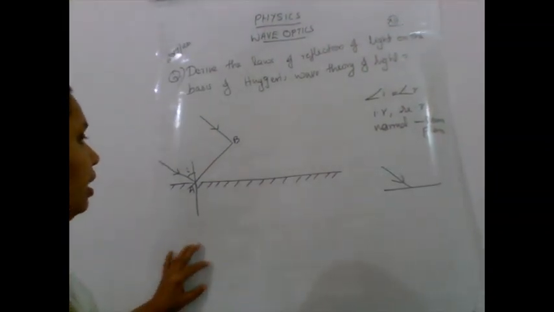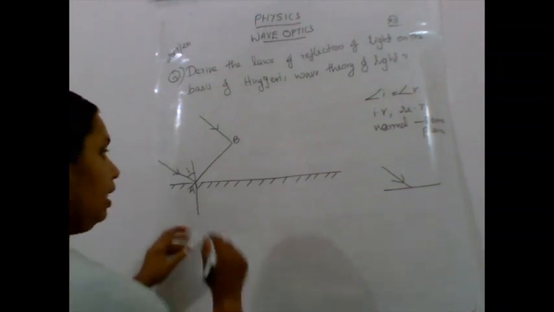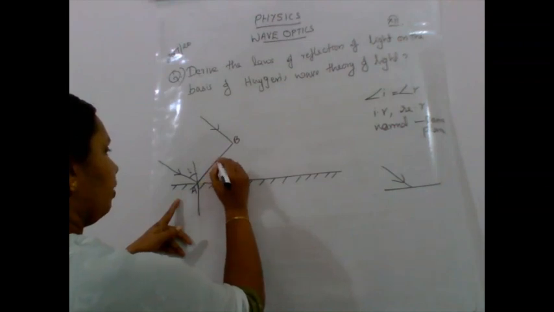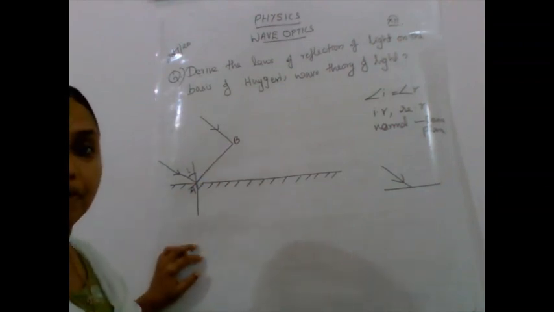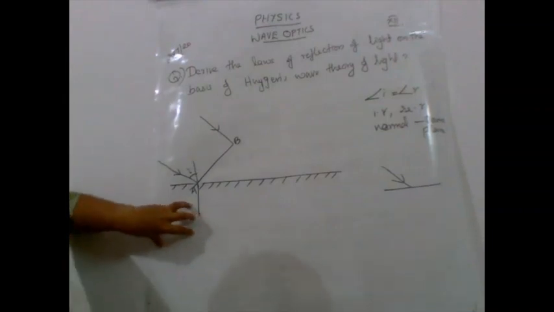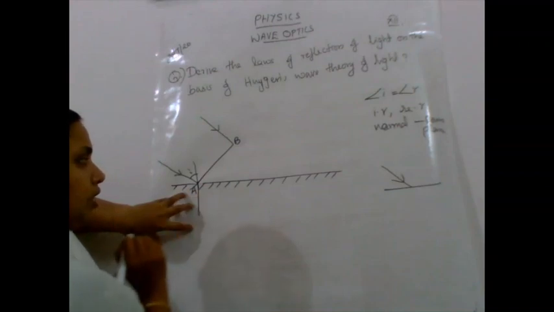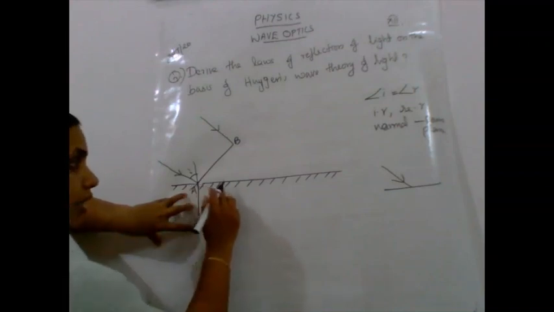What is happening here? According to Huygens principle, each point on this wavefront will be a source of secondary wavelets, isn't it? So now you can see that this point A reaches on the reflecting surface.